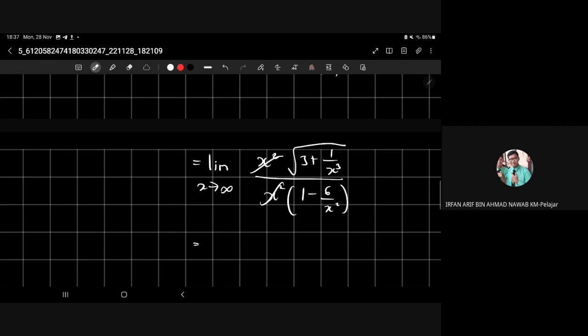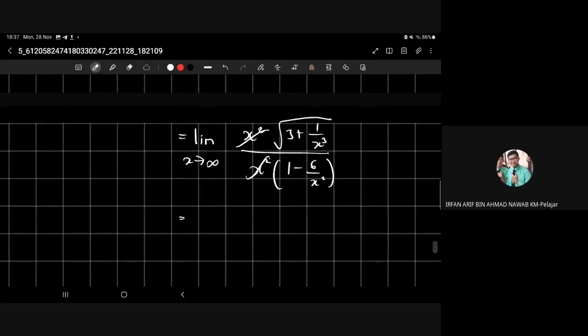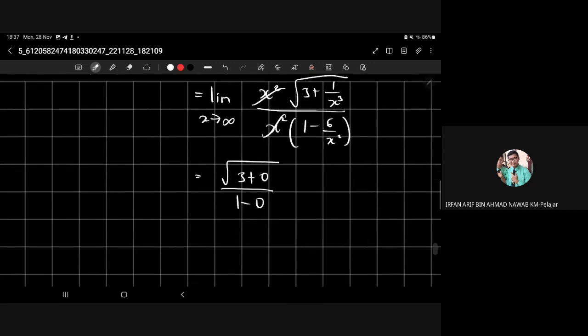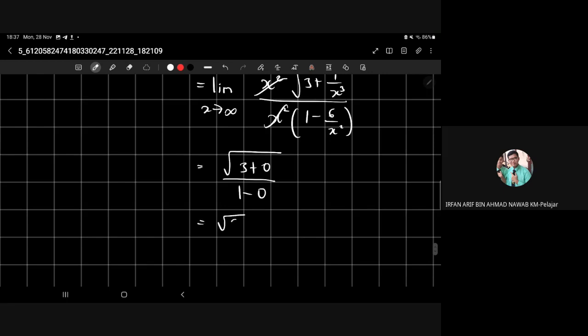For 1 over x cubed, always positive, as x becomes larger, it will be closer to 0, including the denominator, 6 over x squared, which becomes closer to 0. So square root of 3 plus 0 over 1 minus 0. Therefore, this should be square root of 3.